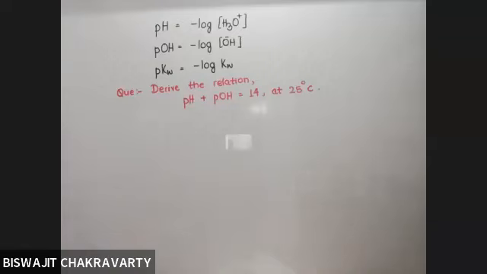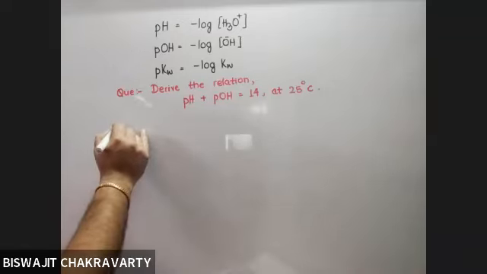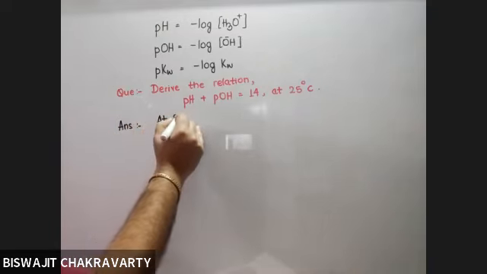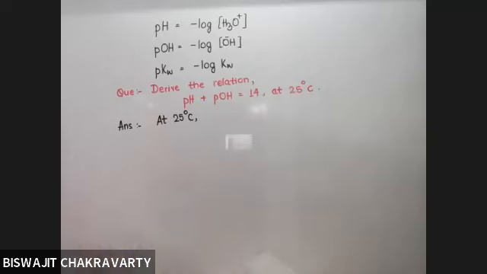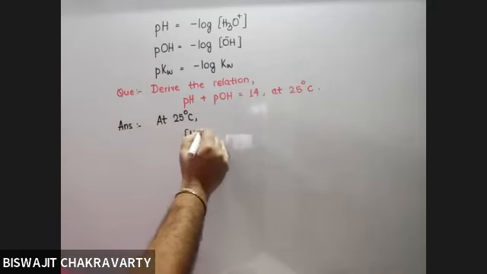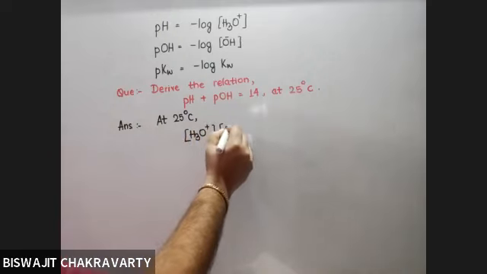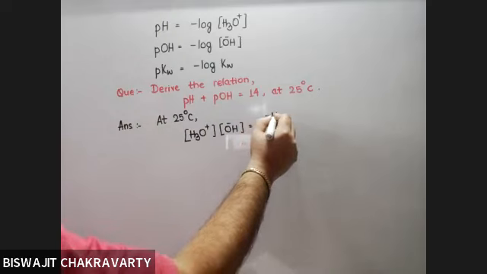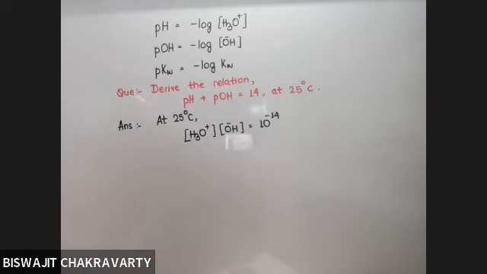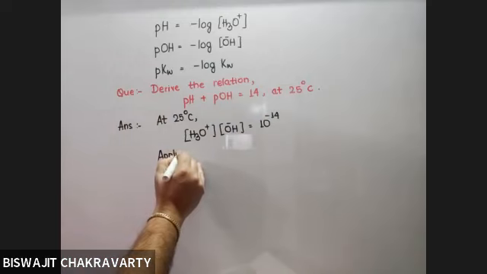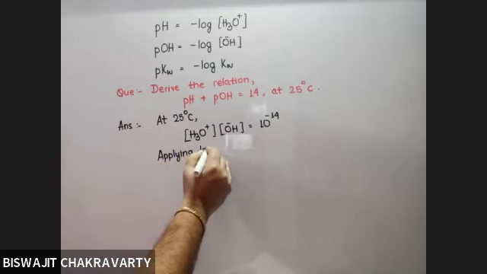How will you derive it? At 25 degrees Celsius we know that the product of these two is equal to 10 to the power minus 14. This is what we have been getting again and again. So applying log on both sides.